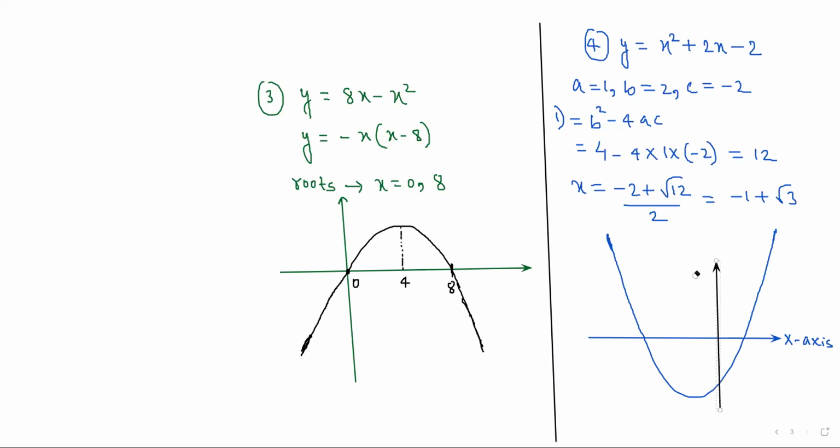This will be minus 1 minus root 3, and this will be minus 1 plus root 3, and this is the y-axis here. The y-axis is very close to this one, minus 1 plus root 3. And this will be the axis of symmetry. Okay, so that's clear. This is origin. So this is the curve. So note it down beta, and let me know.